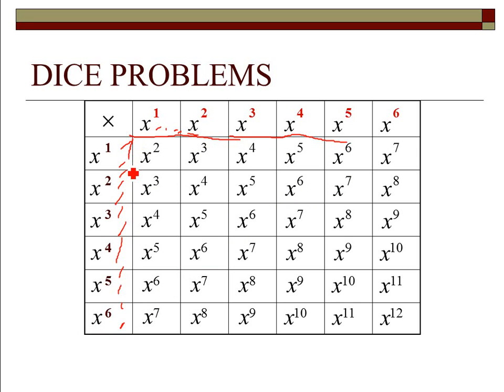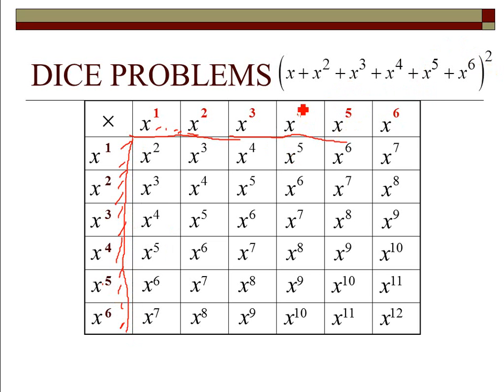So when I actually look at the polynomial that I have, it's going to be x plus x squared plus x cubed plus x to the 4th plus x to the 5th plus x to the 6th. I'm rolling it 2 times, so I'm squaring it.